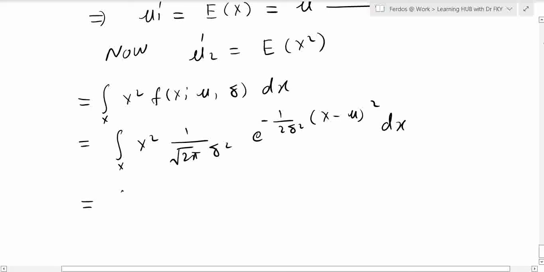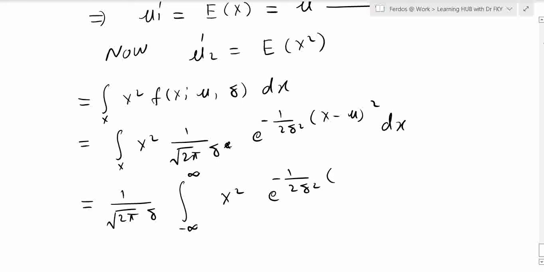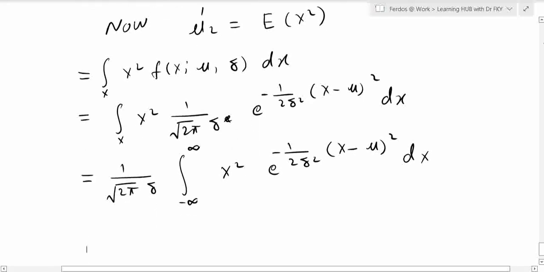Now you can write 1 divided by root 2 pi sigma, minus infinity to infinity x square e power minus 1 divided by 2 x minus mu dx. Now again use the same substitution.